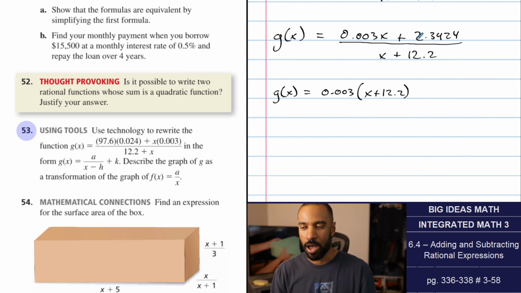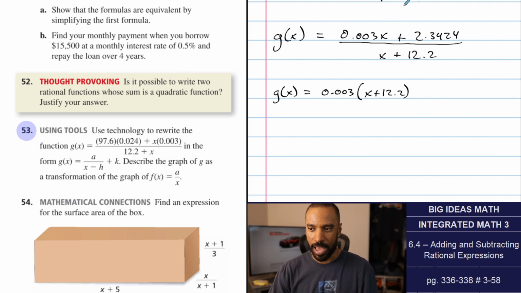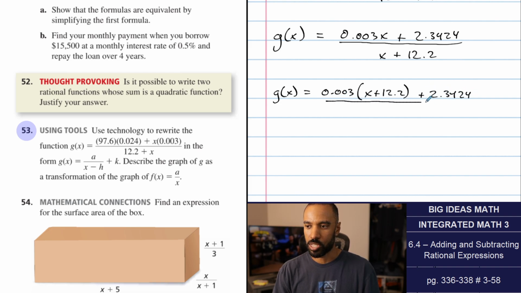But I need to figure out how much I need to subtract from here to make it still be the plus 2.3424 that this thing was from before. So when I distribute that out, I'm trying to think of how to write it. I don't want to write it in a way that confuses you, but I'm just going to write this. Okay, I'm still missing something here, right?